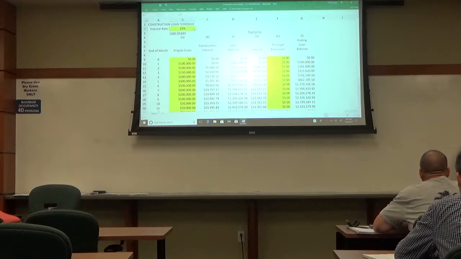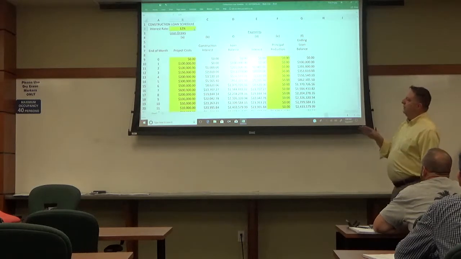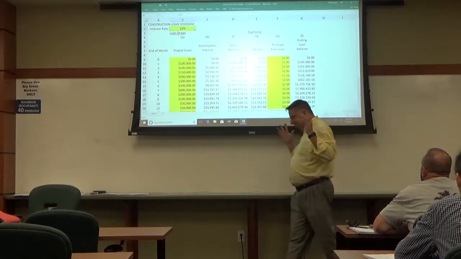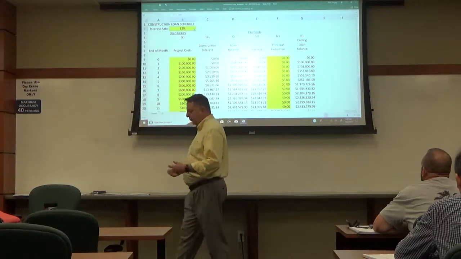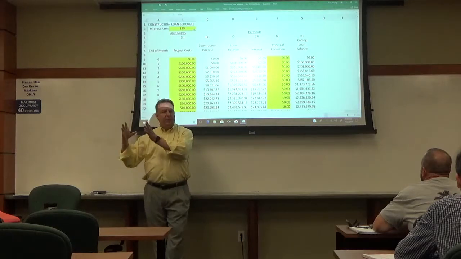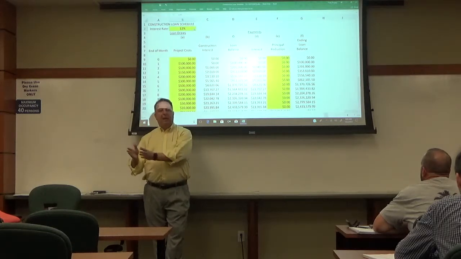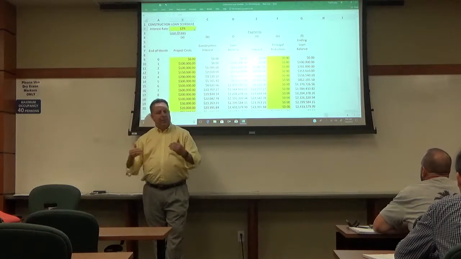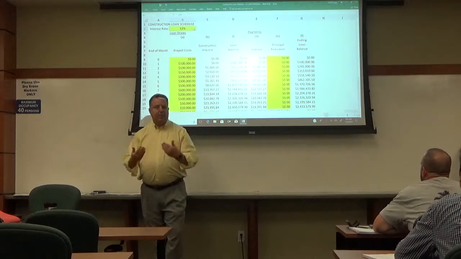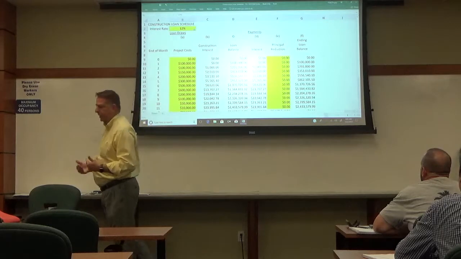Now, one of the things to point out here, as I just said, is that unlike other loans where you get the lump sum dollar amount at the beginning of the term, here your balance increases over time depending on how much you are drawing down based upon what you actually need for the construction process.